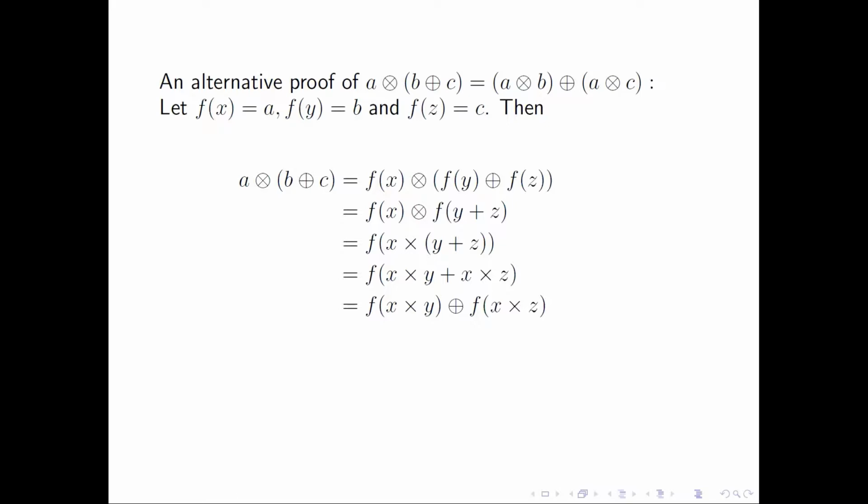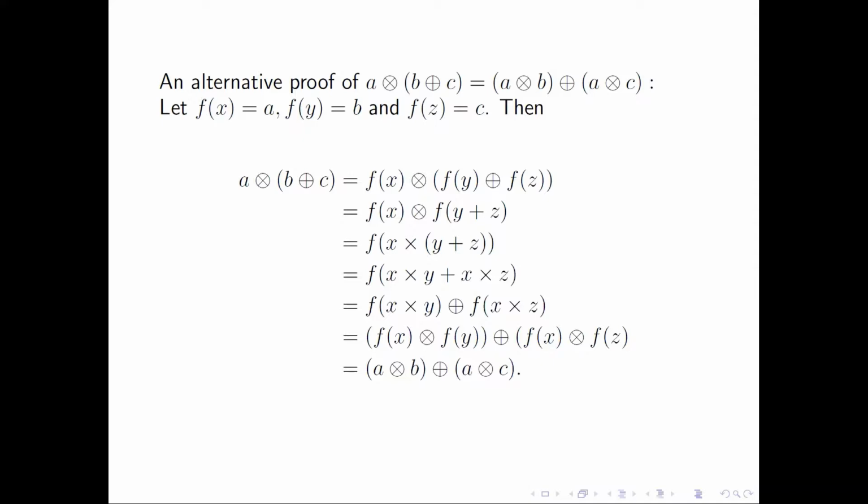From plus to circled plus, from multiplication to circled multiplication, and then replace f of x, f of y, and f of z with a, b, and c respectively. We are done.